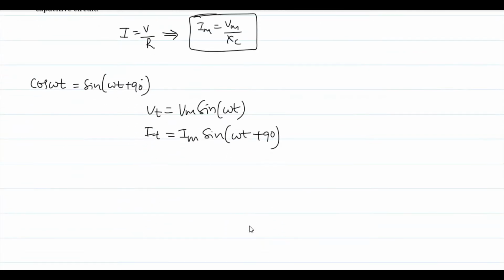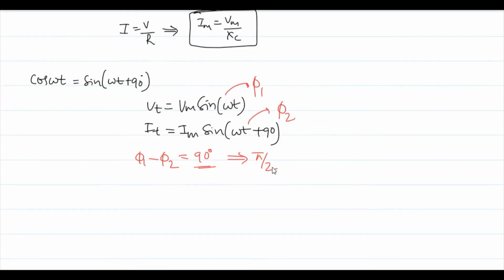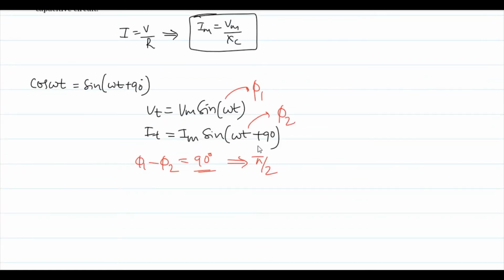Now if you see the phase difference between these two, if you consider this one as phi 1 and this one as phi 2, then the phase difference between phi 1 and phi 2 is equal to 90 degrees, which we can also write as pi by 2. So phi 2 is leading by an angle of 90 degrees.